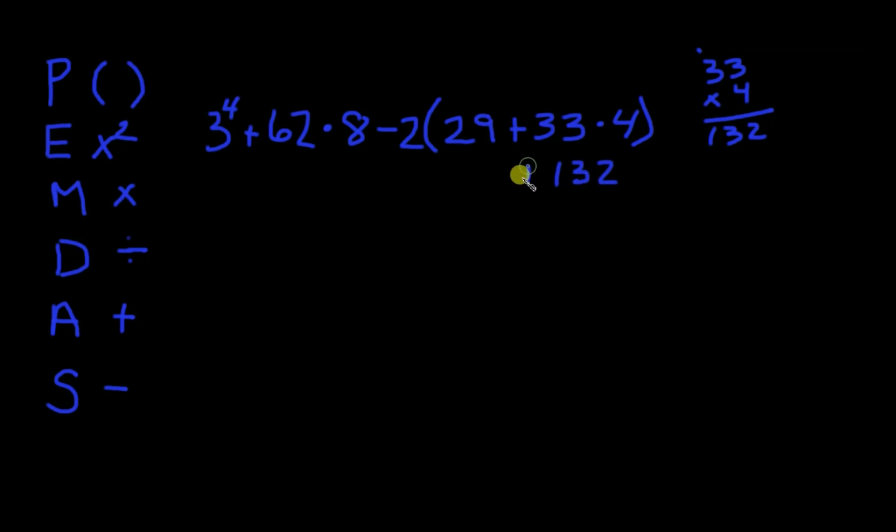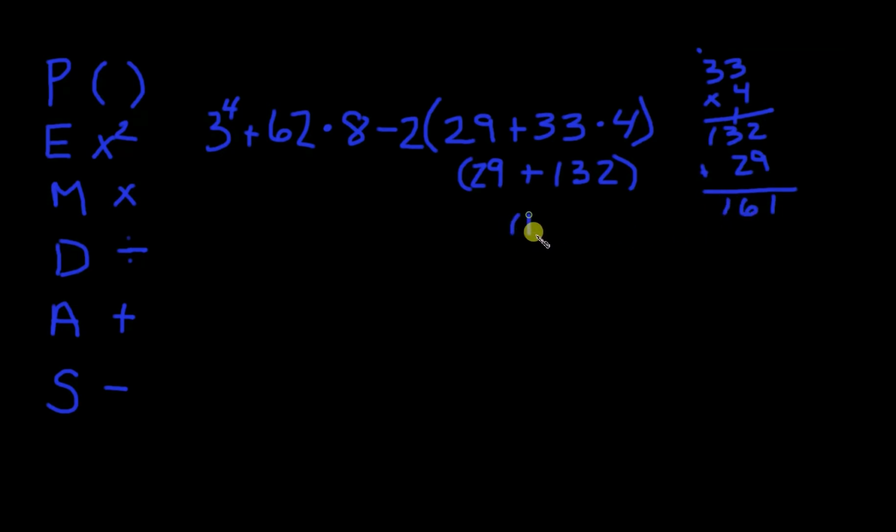We're going to add 29 to that now because it's still within our parentheses. So if we add 29 to this 132, 9 and 2 is 11. 3 and 2 is 5, plus 1 is 6, and 1 plus 0 is 1.